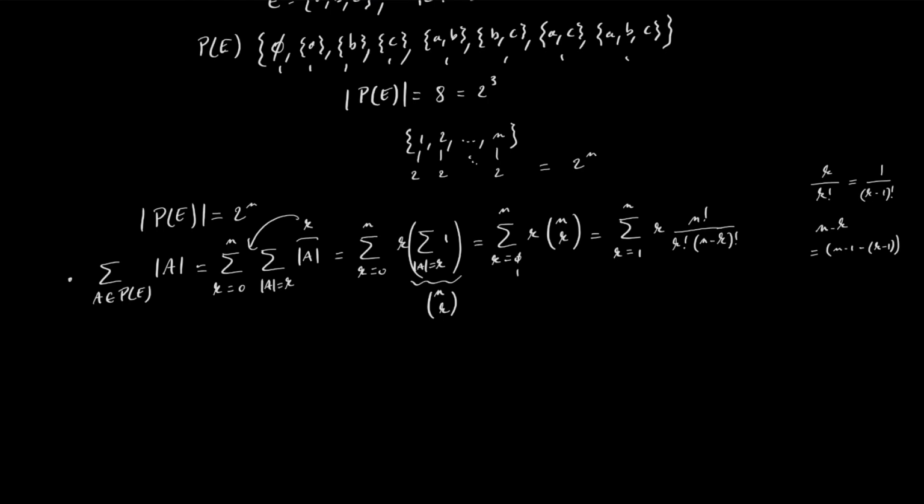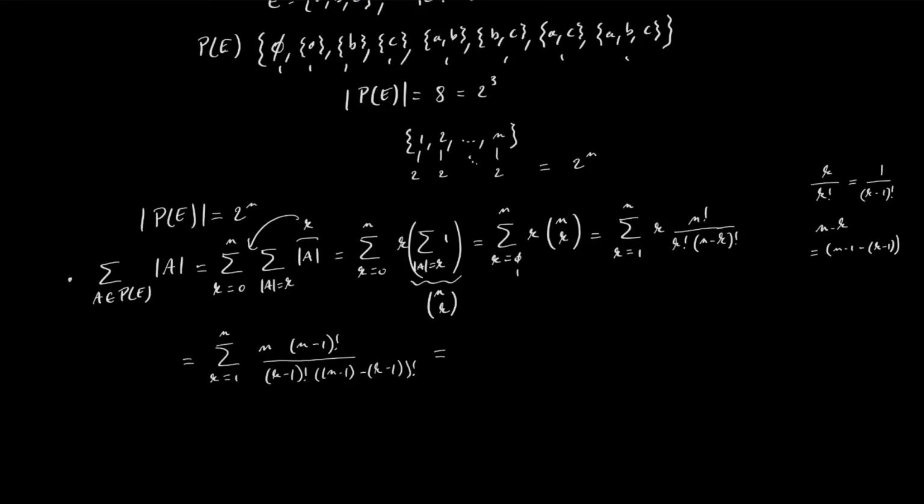So this is equal to the sum from k equals 1 to n of n times the factorial of n minus 1, divided by the factorial of k minus 1 and the factorial of (n minus 1) minus (k minus 1).